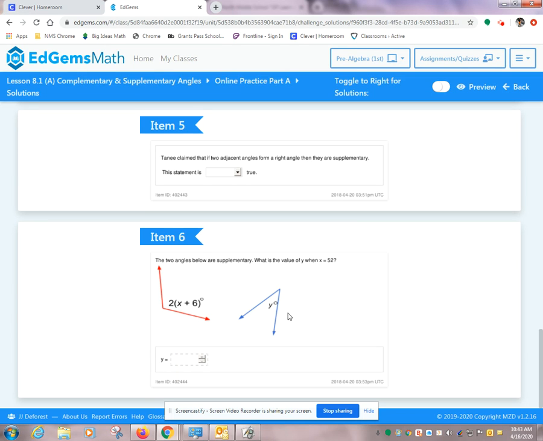We're going to have to solve for y. We're going to put that 52 in for x. Go 52 plus 6, which is 58. Then 2 times that 58, which I believe is 116. Then 116 plus the y must be supplementary.